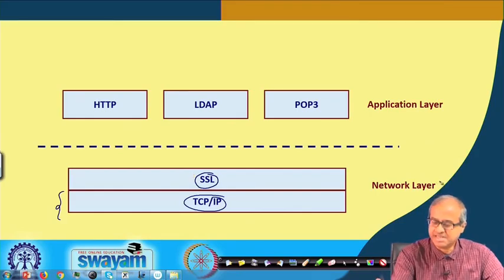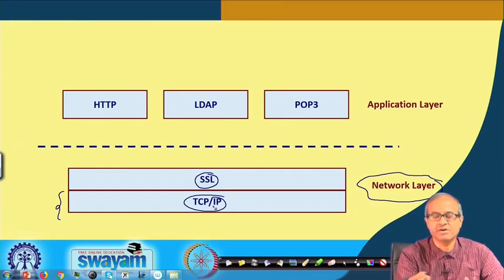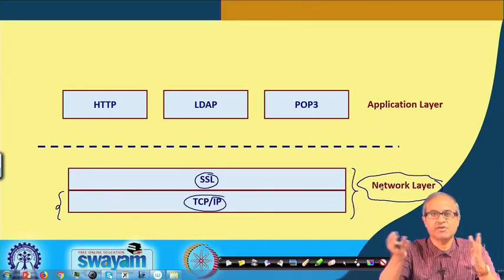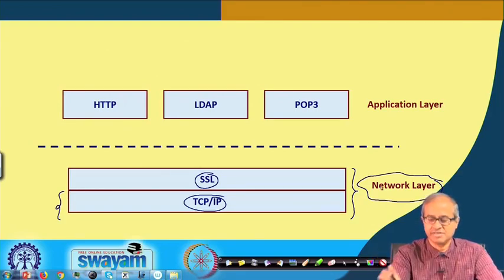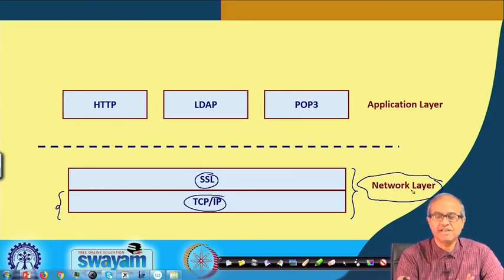You can generically call them the network layer, but technically speaking this is actually a combination of network and transport layers. But you can say generically these are the two layers which provide transport of data over a network. That is why you can roughly call it a network layer.